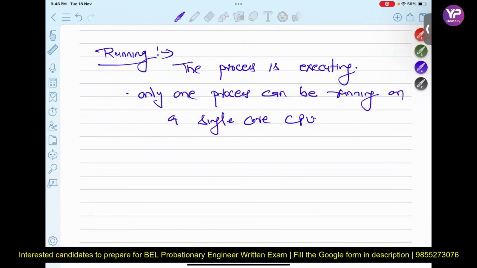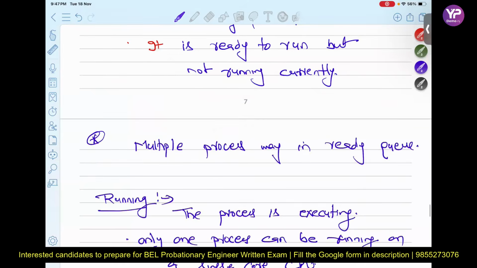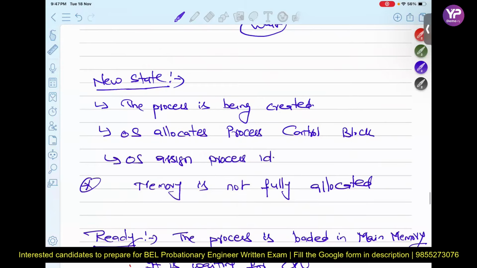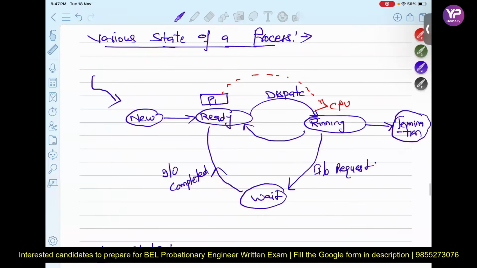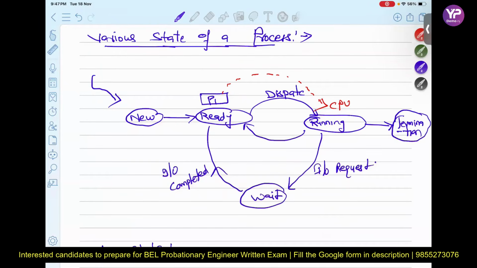Very good. Now can you tell me what is the waiting state? We can call the waiting state also a blocked state, keep in mind. What is the waiting state?